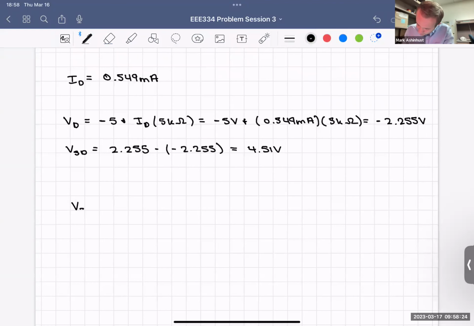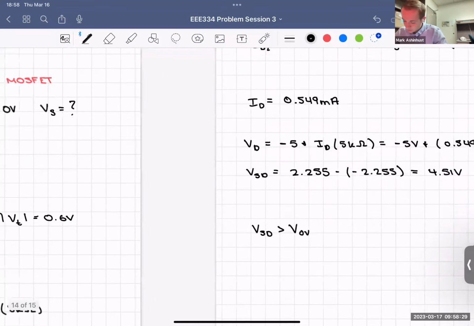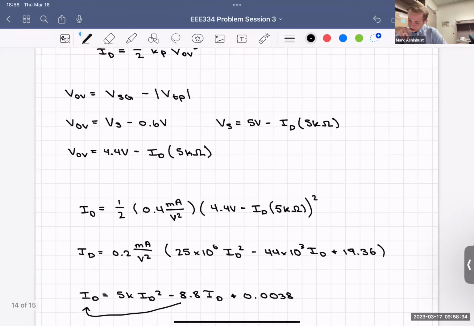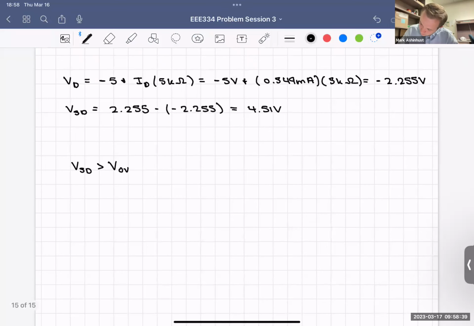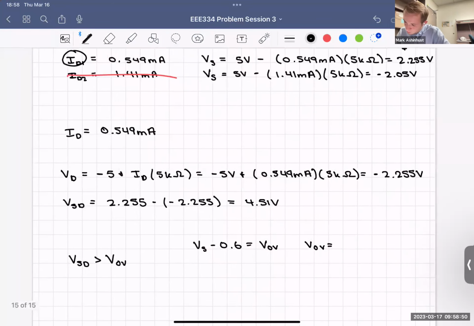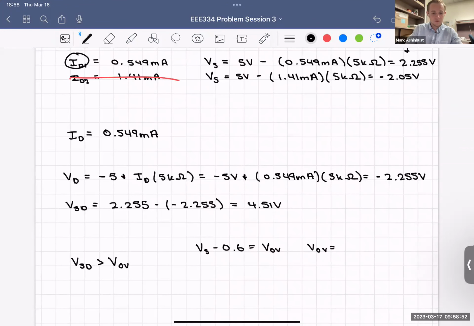To be in saturation, our VSD needs to be greater than VOV. We can solve for VOV, which is VS minus 0.6. So VOV equals 2.255 minus 0.6, which is 1.655.